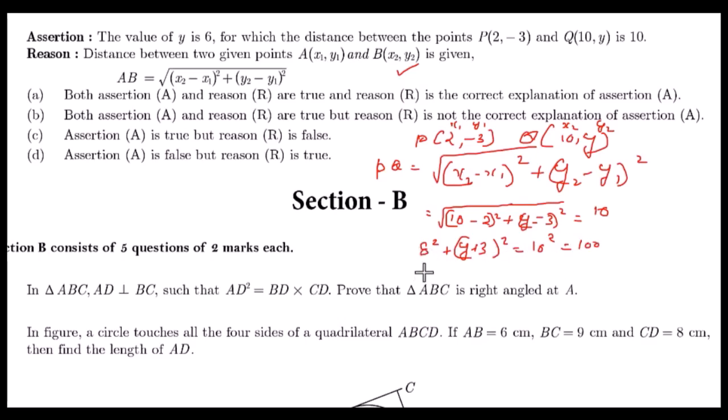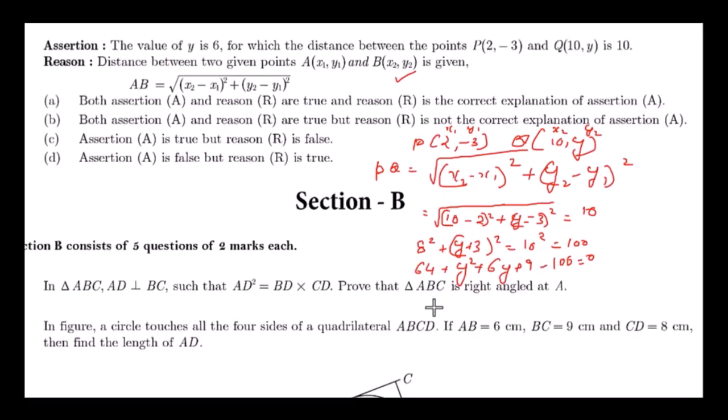Now 64 plus y square plus 6y plus 9 minus 100 is equal to 0. This equation becomes y square plus 6y minus 27 equal to 0, after simplifying 64 plus 9 minus 100, which is minus 27.